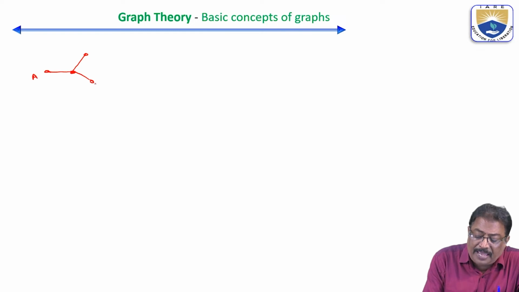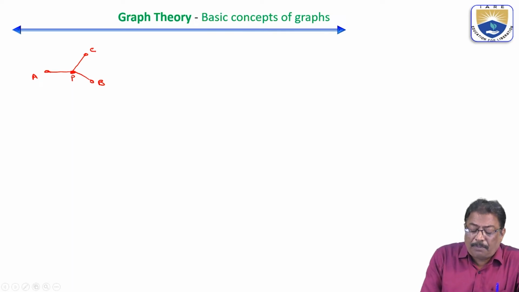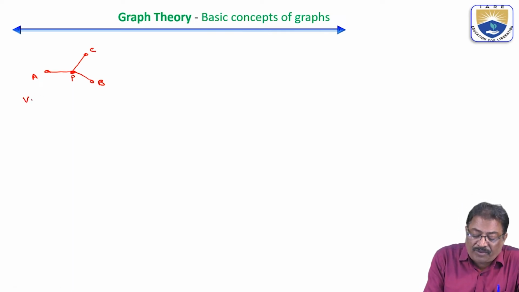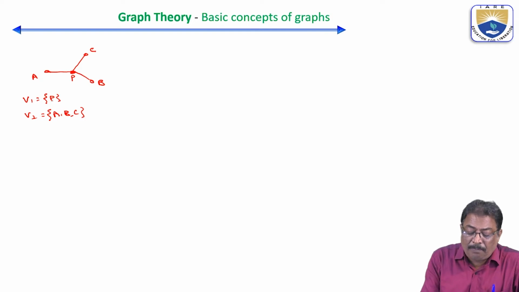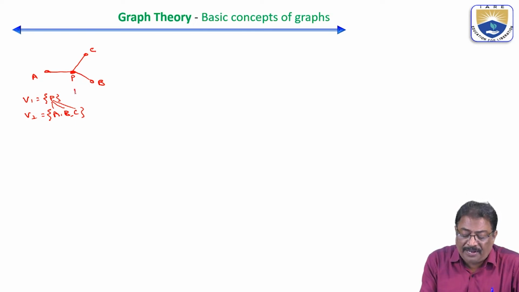I am taking A, B, C, and of course P. So I am going to consider V1 as only one element, and V2 as three elements, A, B, C. Now from P there is an edge to A, to B and to C. So we can say that this is a complete bipartite graph, and V1 has one vertex and V2 has three vertices.